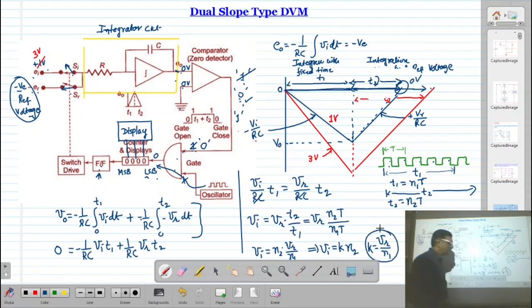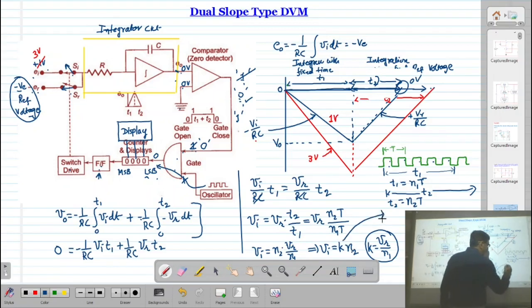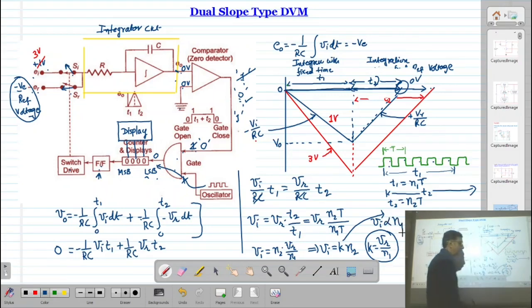Ultimately we can say that Vi is proportional to N2, or N2 is proportional to Vi. Whatever clock pulses are measured during the time period of T2 are proportional to your input voltage.